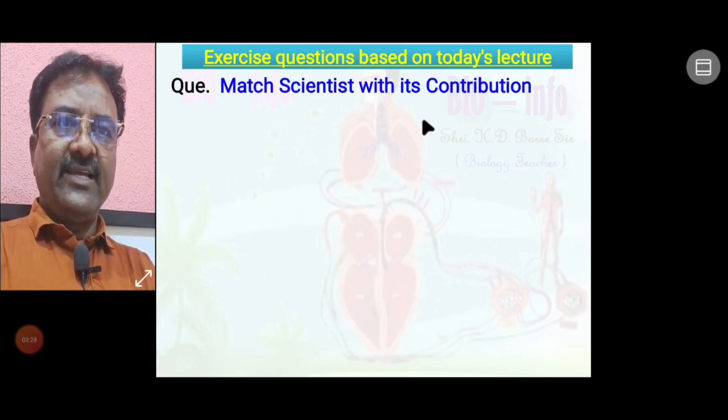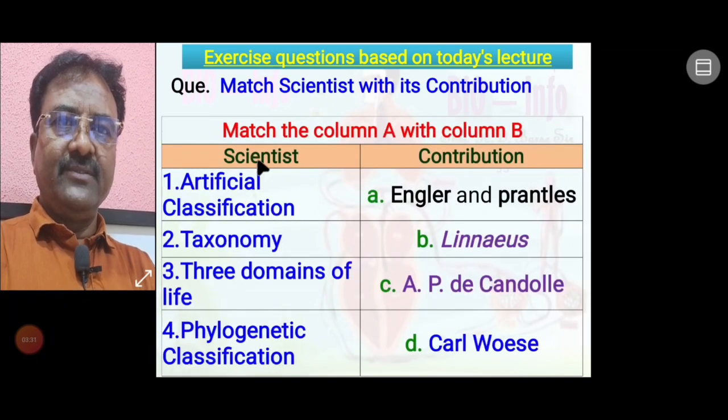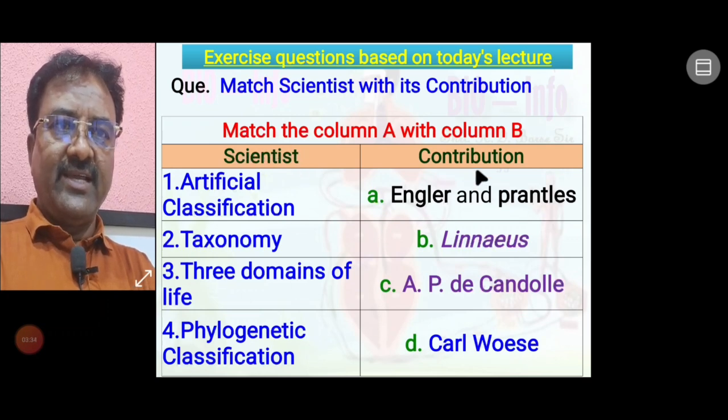Match the scientist and their contribution. Here a list of scientists is noted, and these are the contributions. Artificial classification was done by Linnaeus. The term taxonomy was introduced by A.P. de Candolle.